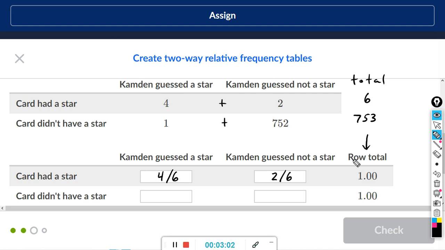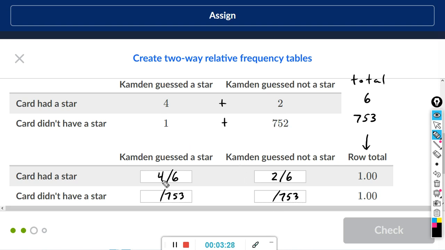All right. So we're going to do the same thing with the other row because we want the row frequency. So the row total equals 1. So this row right here, the total is 753. That's going to be the denominator on both of them. Okay, and the numerator is going to be these numbers right here.